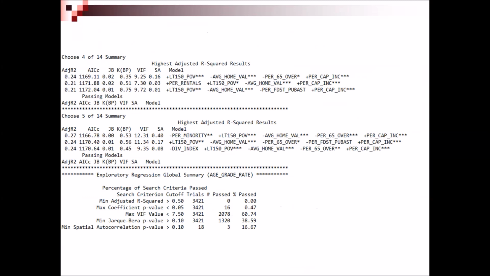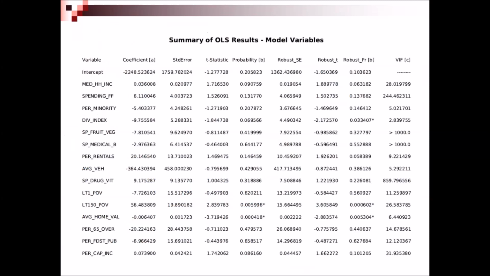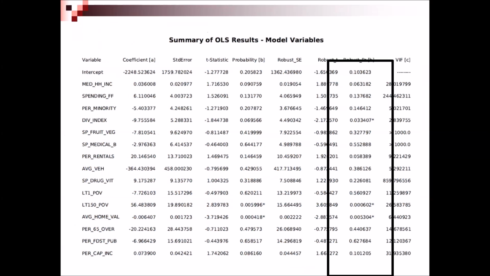Okay. Now, some other things, when we look at these, you'll say positive relationship, negative relationship, and we've got the little stars here. I think this is what we call a stepwise. We're going to go through and do these, but when we run these model variables, what we care about are these p-values. Wherever you see a star, star, star, it's significant. So poverty, home values, and diversity index have stars attached to them.